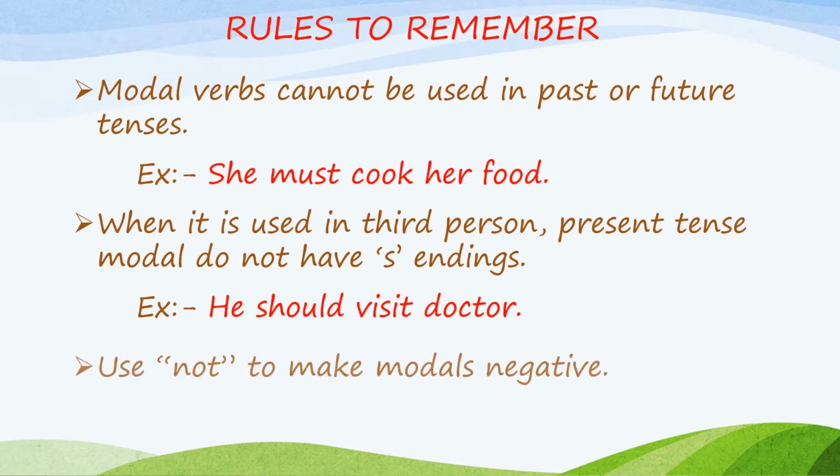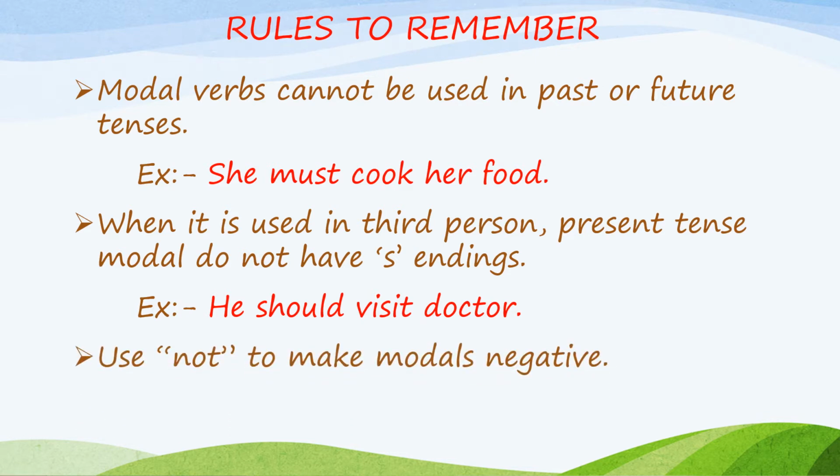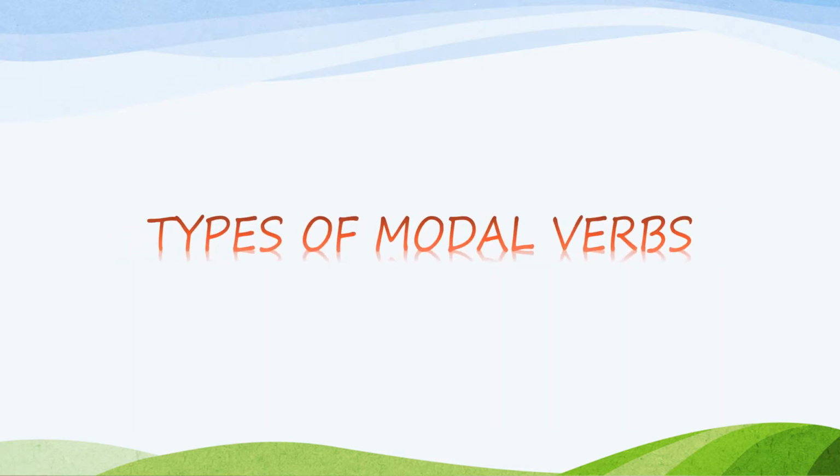And the third rule, use not to make modals negative. Let's see example. You should not eat spices. Till now, we observed definition, meanings, and rules of the modal verbs.